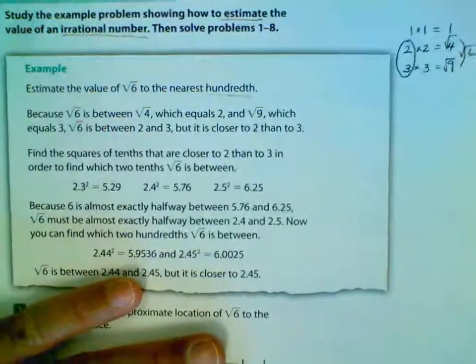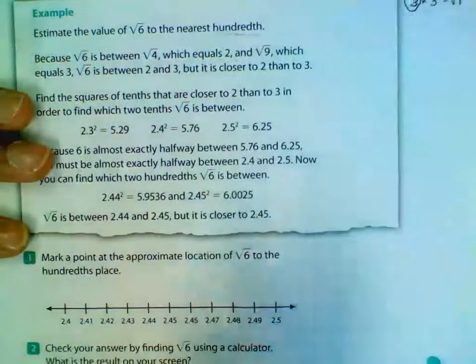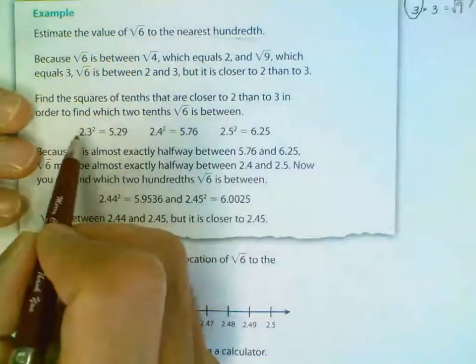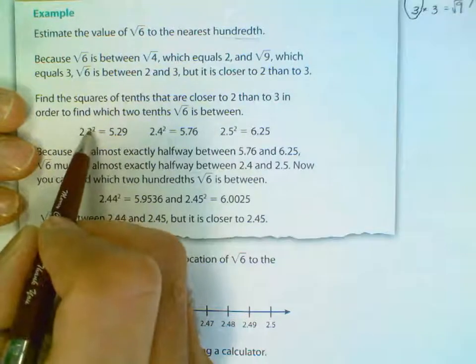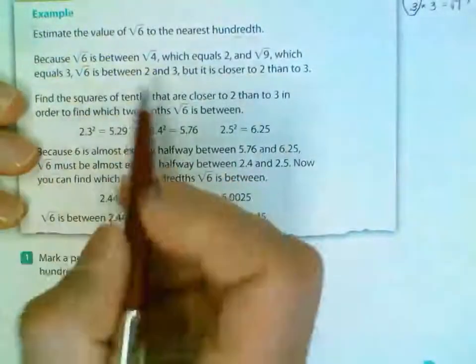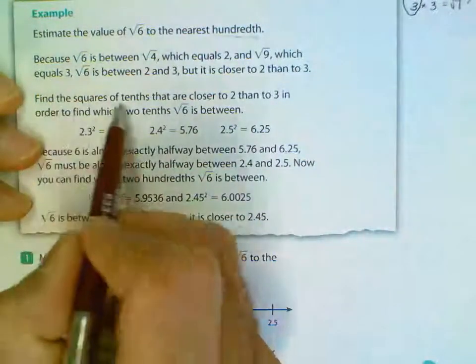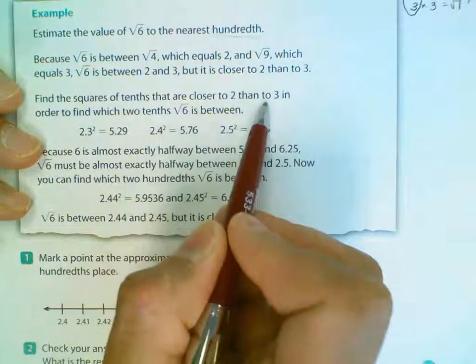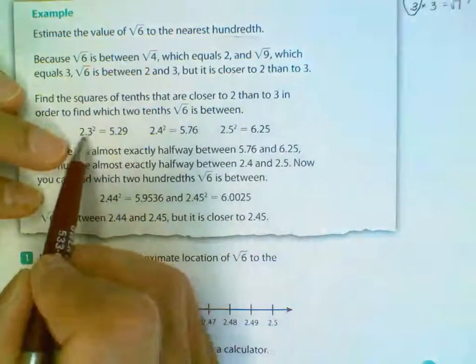So those are the numbers that we are going to try. For example, 2.3 to the second power. Those numbers are estimates. It says find the square that is closer to 2 than to 3, so we're going to find numbers closer to 2.